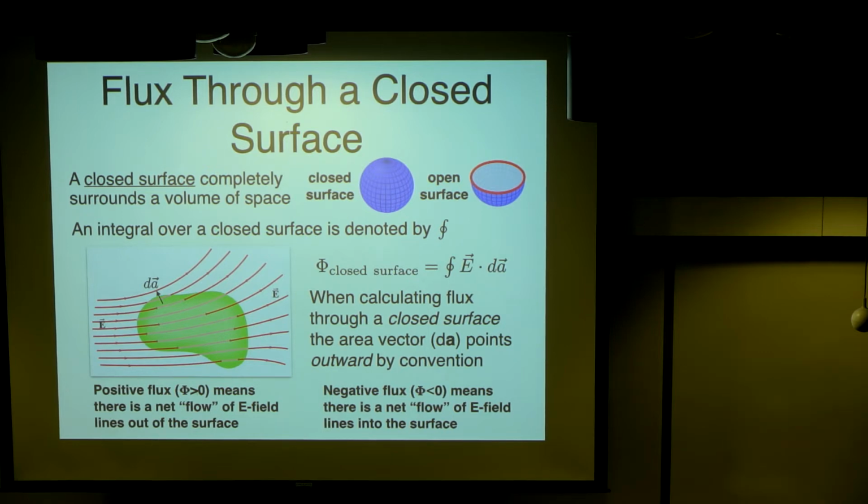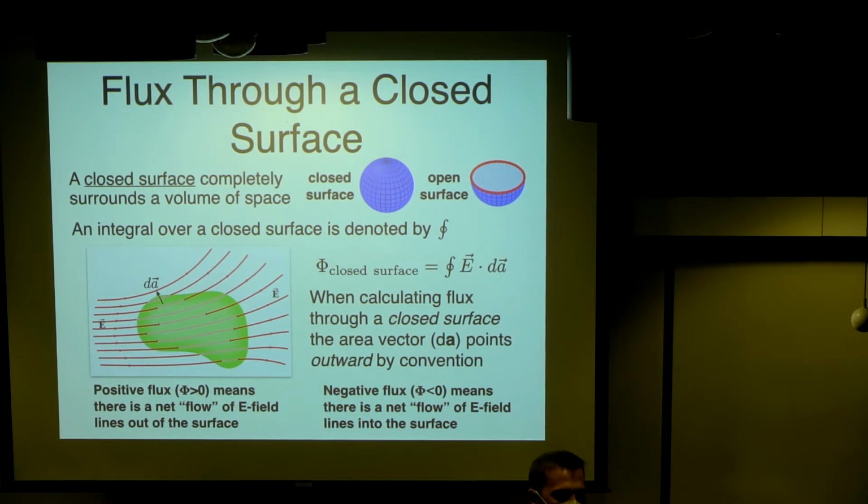All right, so I want you to notice something about the way this works, just looking at the formula. If we have a closed surface, and overall we have a positive flux, so that means we integrate E dot dA over the closed surface, and we get something positive, that's telling us that there's a flow of electric field lines coming out overall.